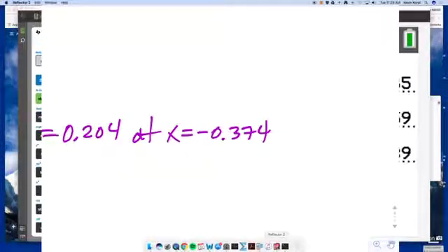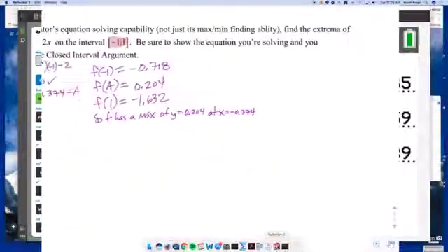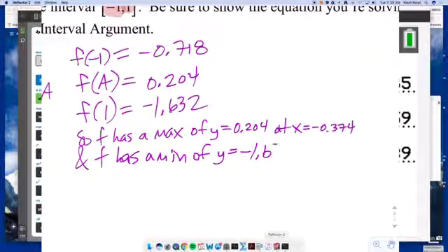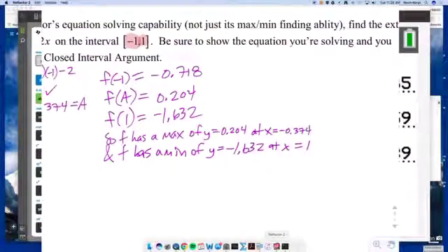Don't put A as your final answer, but in the interim you can use that. And similarly, f has a min of y equals negative 1.632 at x equals 1. So that's how you want to use your calculator.